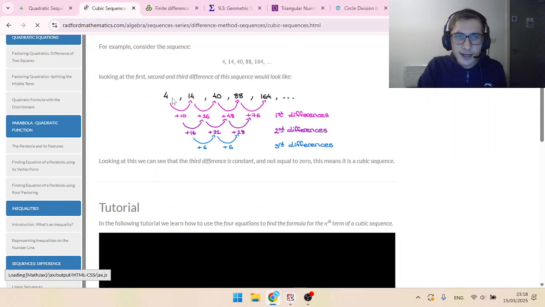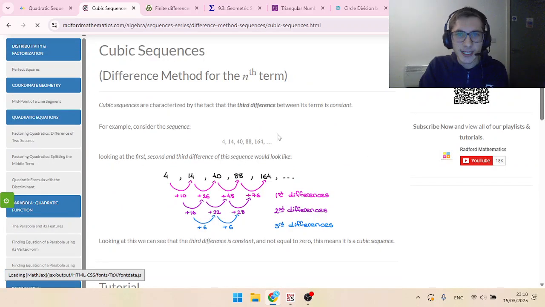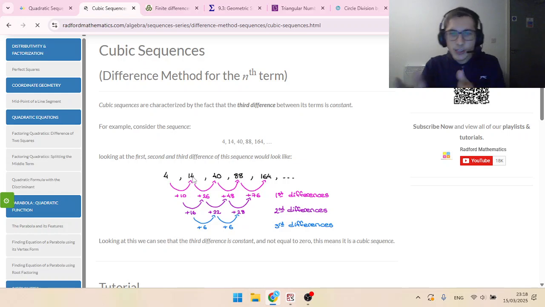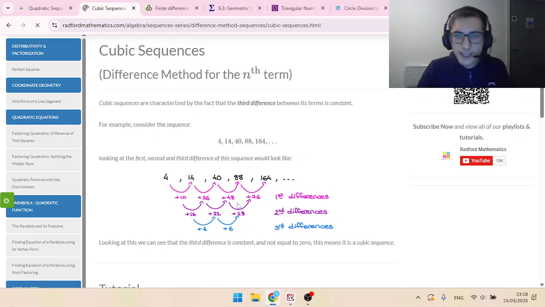So we've got a sequence here, and as you take the first differences, the second differences, and the third differences. Now, I know what you're thinking here. What if this works for more sorts of sequences?